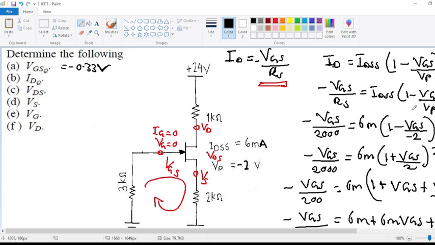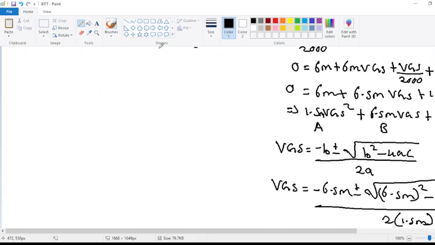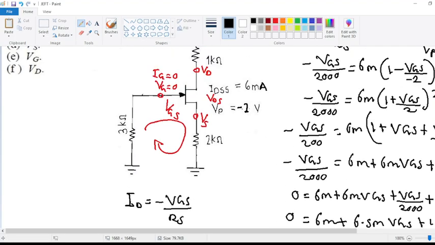Okay, so from there, how do we calculate our ID? Our ID becomes simple because now we know the VGS. We said that our ID is equals to negative VGS over RS. This is what we substituted when we started.